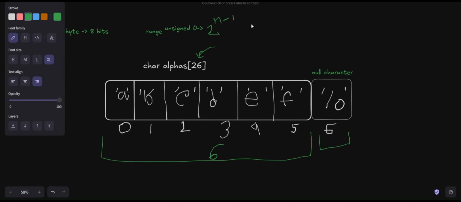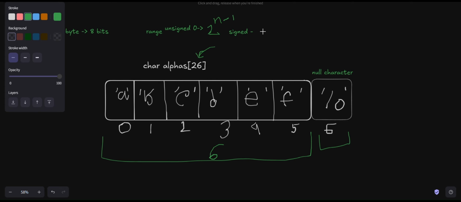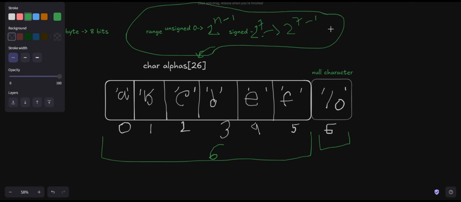And what is the signed? For the signed case, it is minus 2 to the power 7 to 2 to the power 7 minus 1. These are the ranges of the character type.